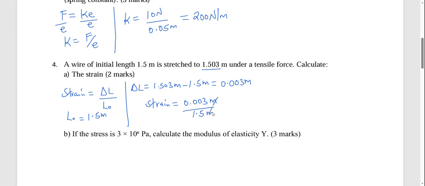Therefore, meter and meter cancel and we remain with our answer as 0.002, or we can express it in standard form. Therefore, it will be 2 times 10 raised to power negative 3.